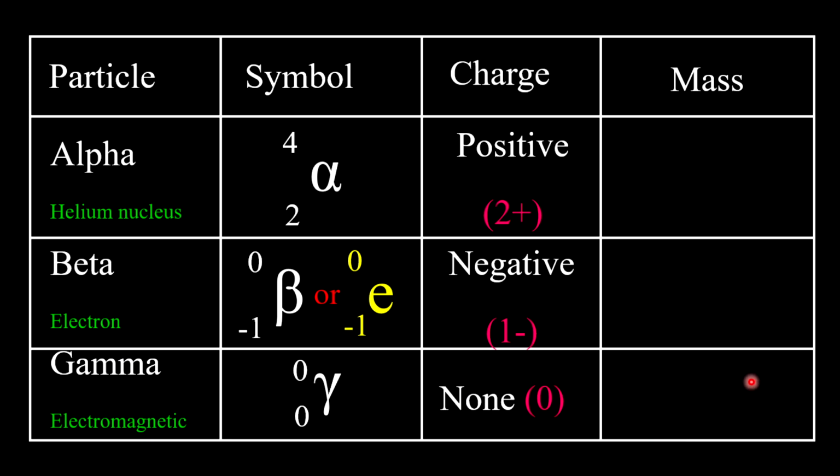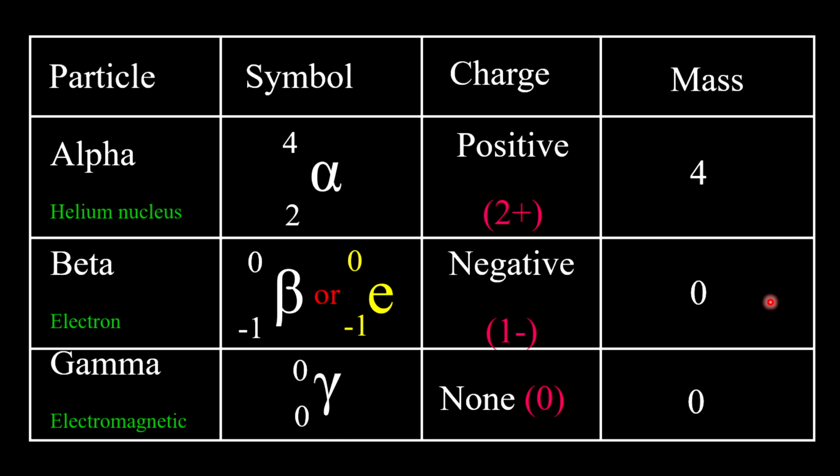Now for the mass number, another concept to look at is, remember, alpha represents a helium nucleus, and helium has a mass of 4, so we know that the mass for the alpha particle is 4. Now, based on the symbol here, electrons, again, I said theoretically there is no mass, so this is going to be 0, right? Gamma, no mass as well, so that's going to be 0.